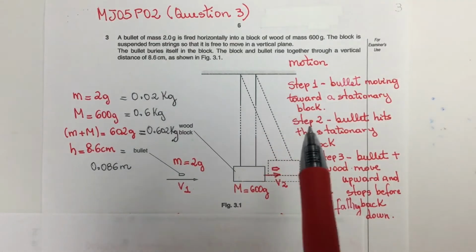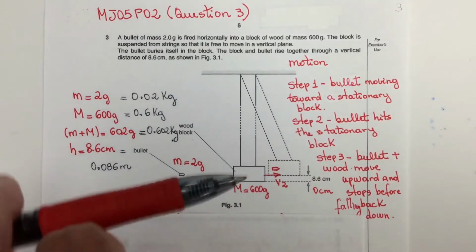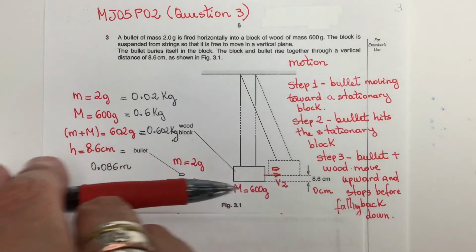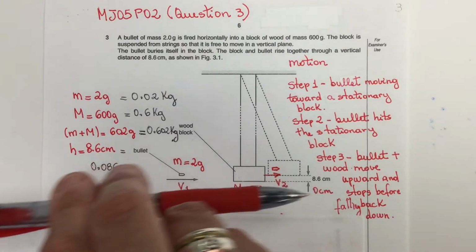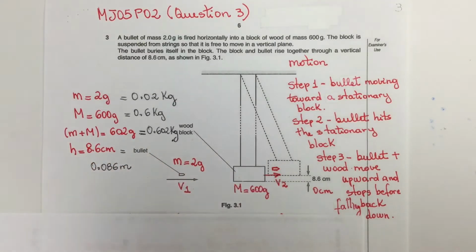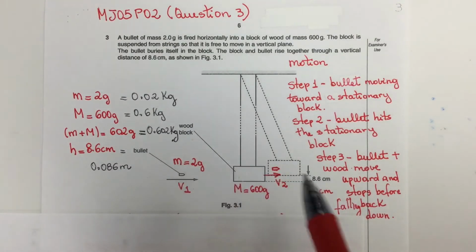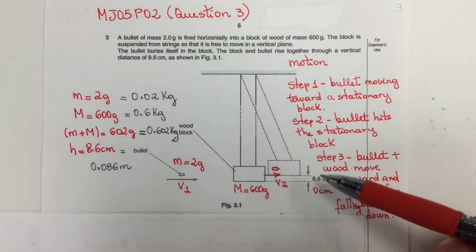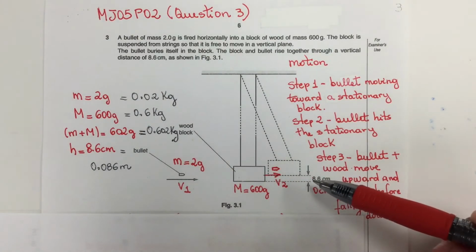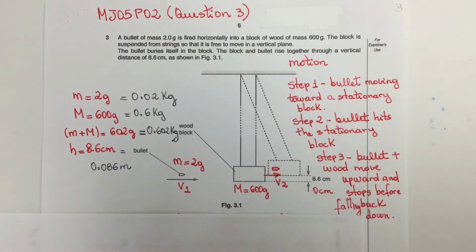On step 1 and step 2, the ground reference here is 0. There is no height. However, on step 3, both bullet and block rise to this vertical displacement from 0 to 8.6 centimeters.